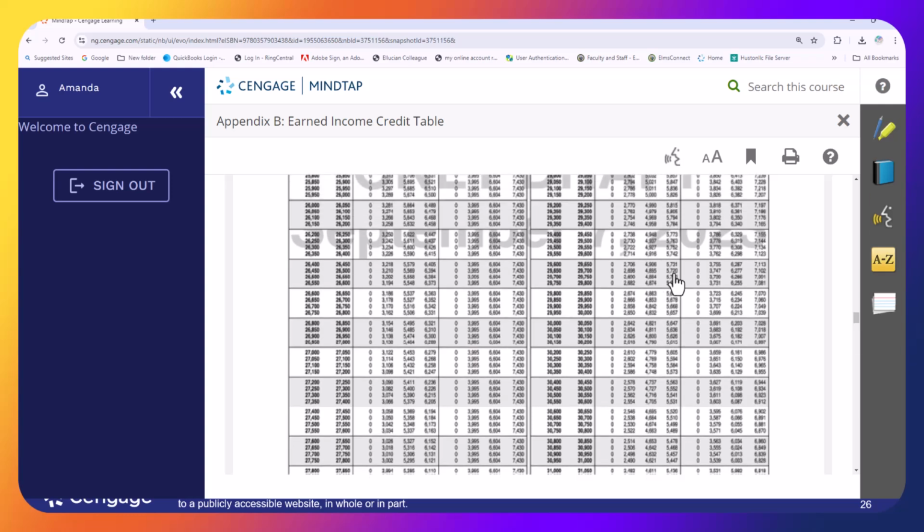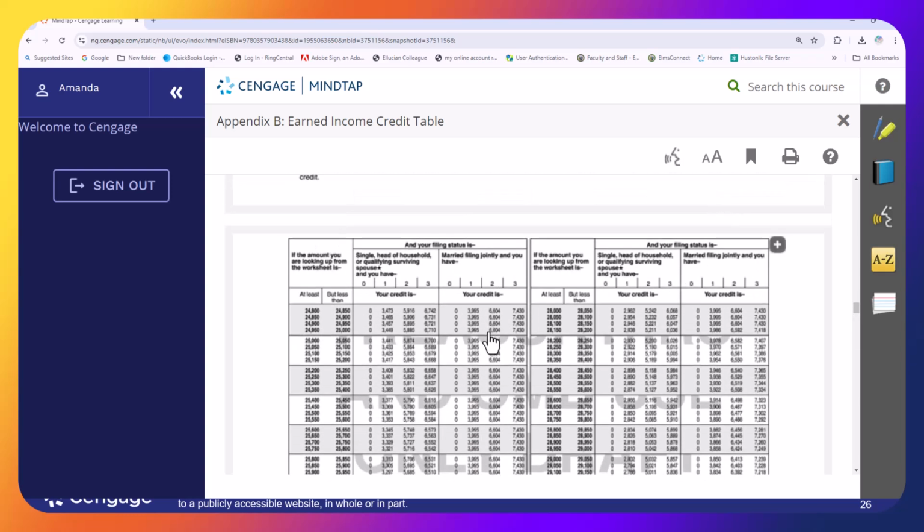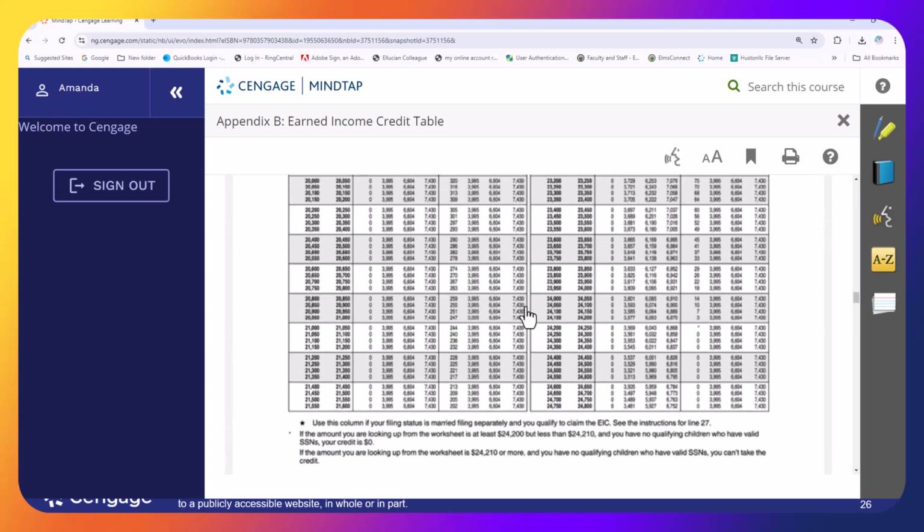Let me go back up here, 7,000 something. So these are the max EIC credits, right? 7,430, that might be the max. So the max credit is 7,430 with 3 children for EIC.